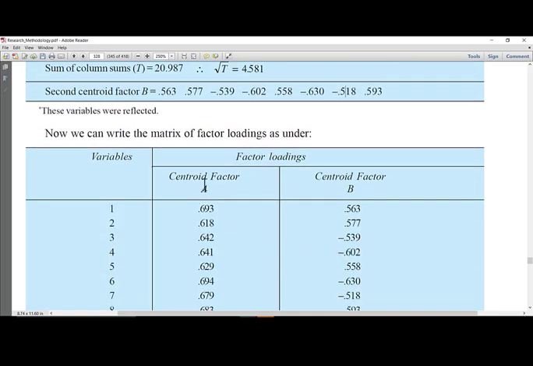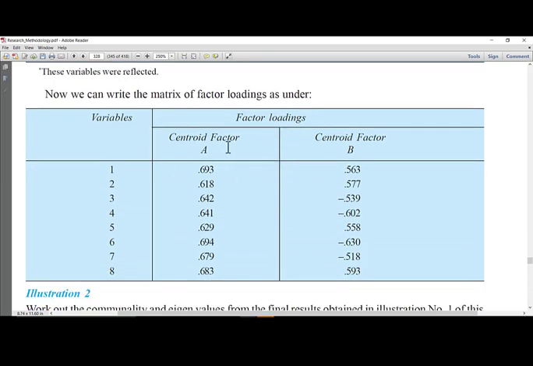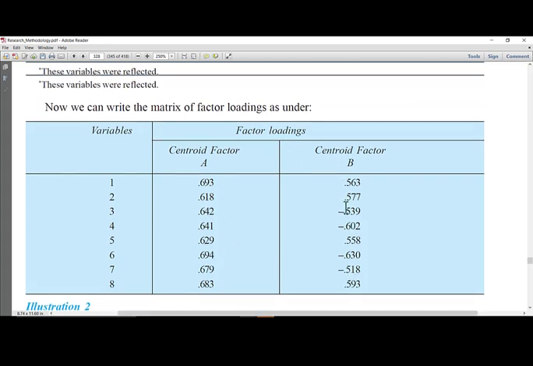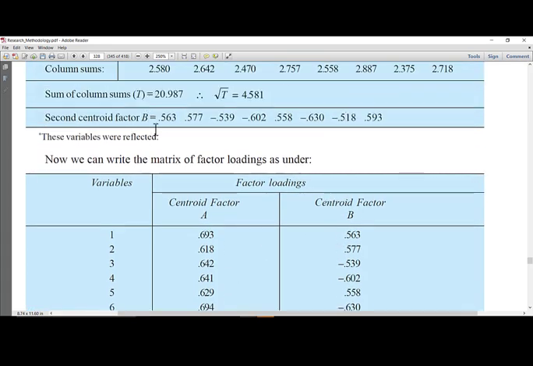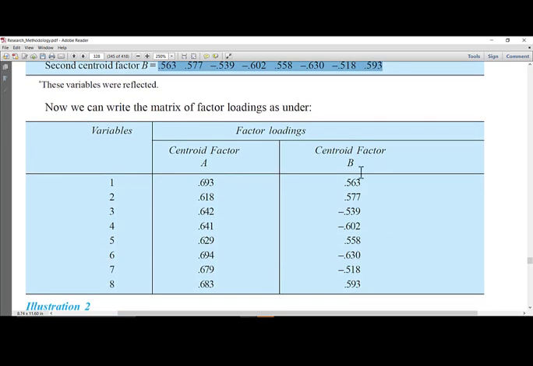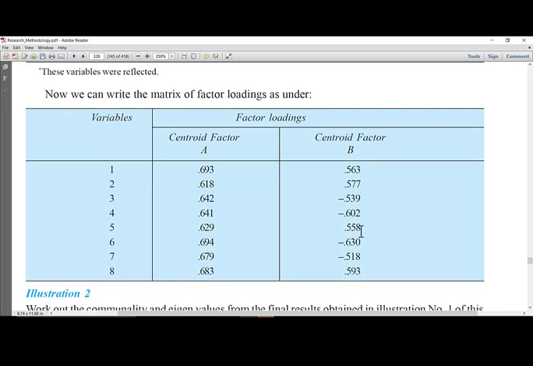Now we can write the matrix of factor loadings, that is for centroid factor A already we have written, and now centroid factor B. These values are written here. So centroid factor B is here.